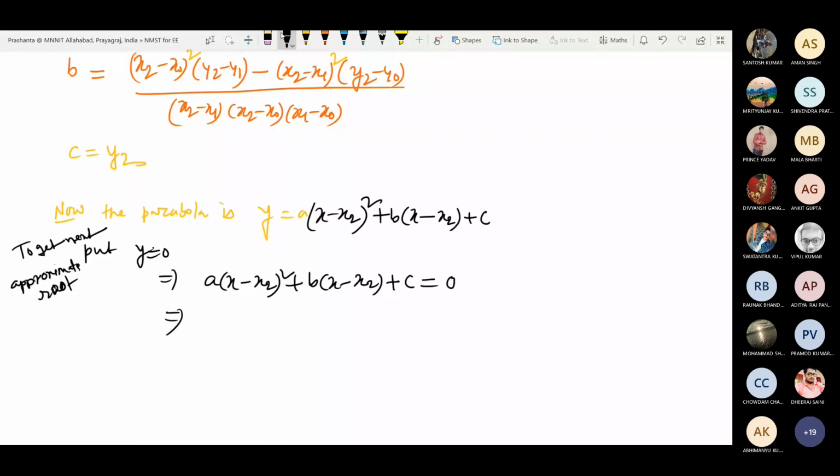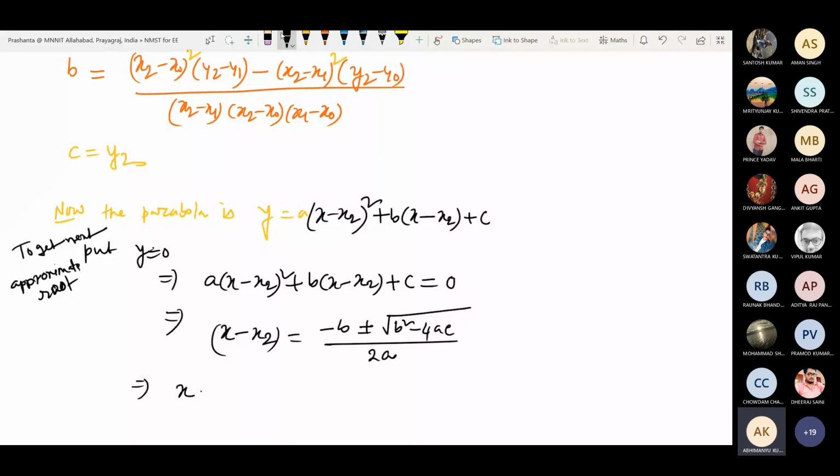So first you will be solving for x minus x2, which will be equal to minus b plus minus root over b square minus 4ac by 2a, and that will tell you x equals x2 plus minus b plus minus root over b square minus 4ac by 2a.